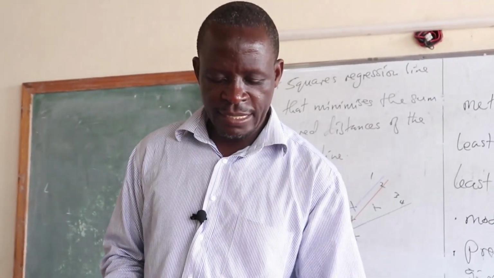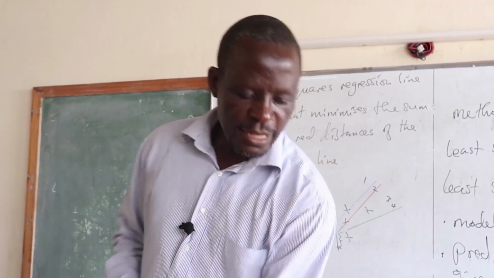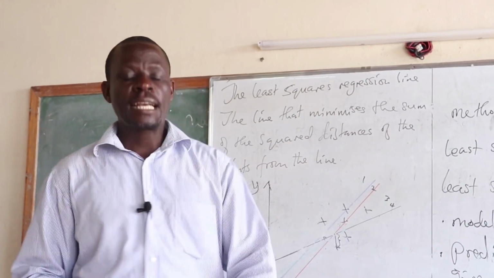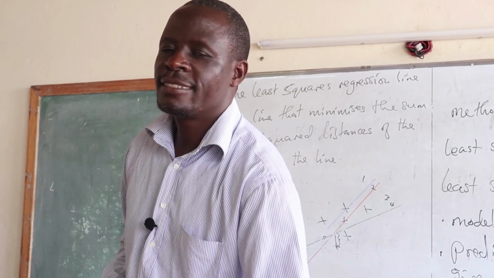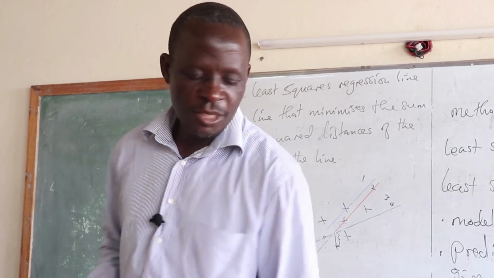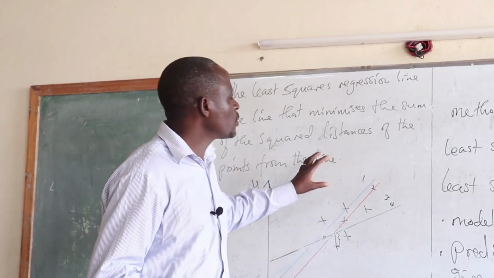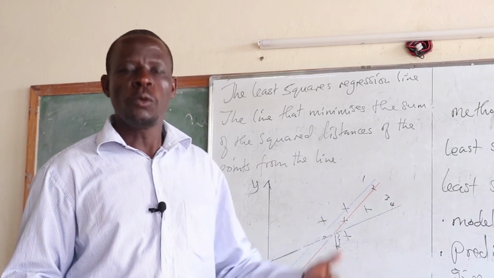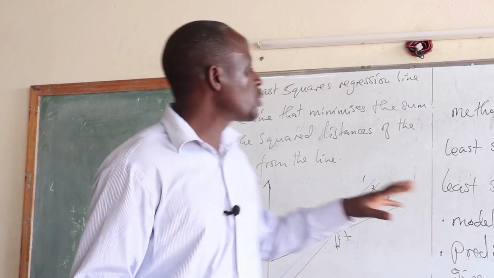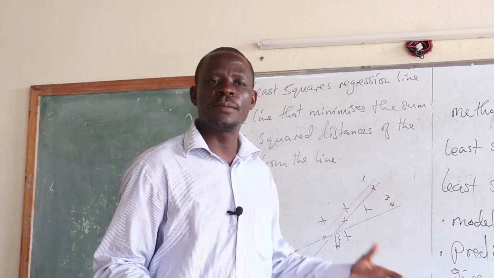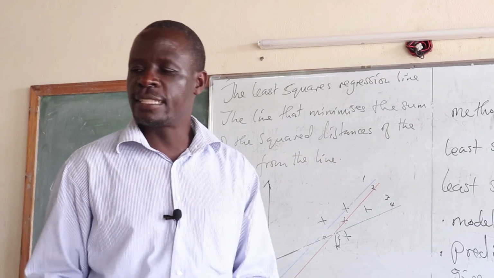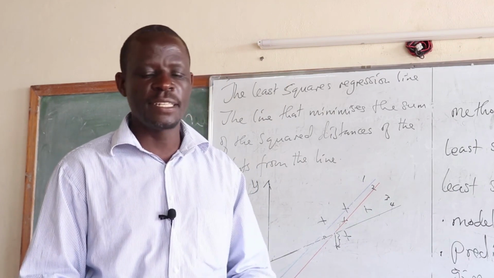Then, from the least squares regression line, we can come up with an equation which can be used to describe that relationship, and then use it to predict for values that may not be in the given data set.